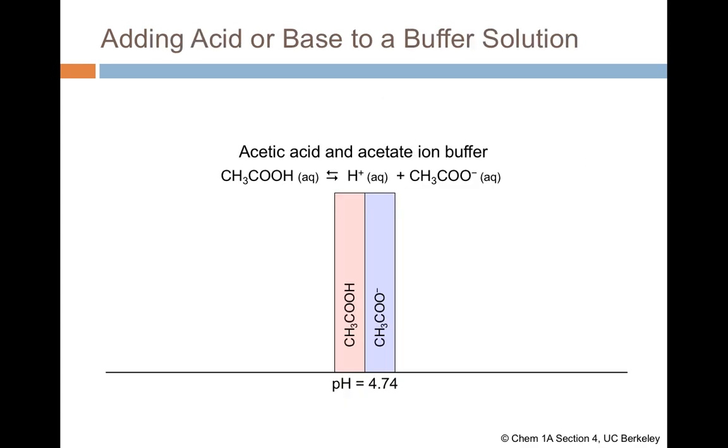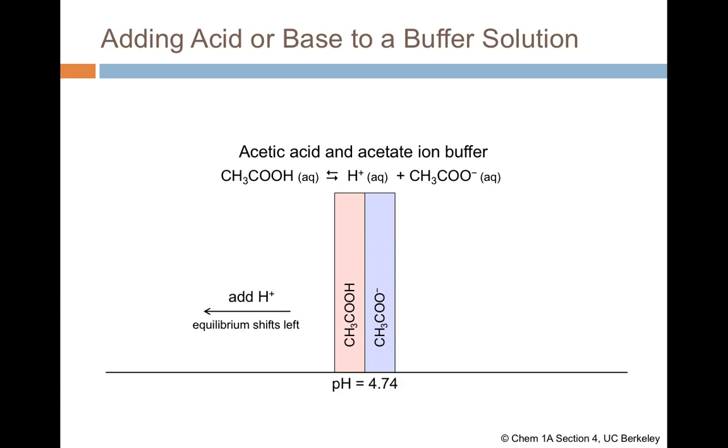Contrast this to the same pH as before, so here we're back to the 4.74, achieved using a high concentration of acetic acid and its conjugate base acetate. Because you can make this pH of 4.74 with really high concentrations, then these little perturbations to the concentrations aren't going to matter as much.